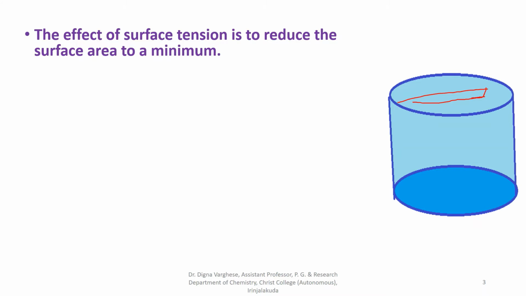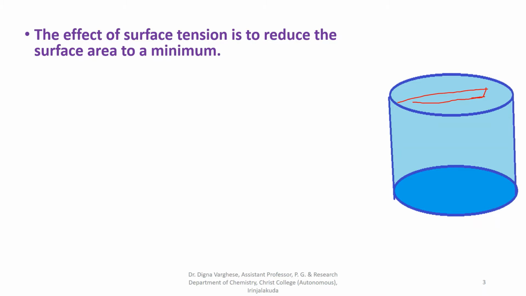Remember, surface tension is a property which always has a tendency to reduce the surface area to a minimum value. But if we wish to increase the surface area, we have to apply some work against the force of surface tension. Obviously, that process requires expenditure of energy.